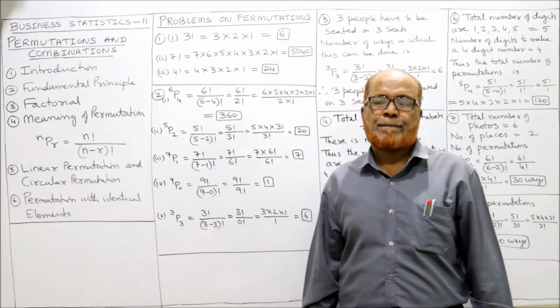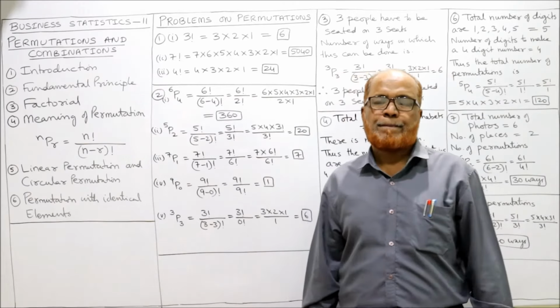Now, the fundamental principle. The fundamental principle is the study about the selection of 2 or more different items, or the arrangement of different items. A simple example: suppose the captain of the cricket team has to make a combination of 1 batsman and 1 bowler.